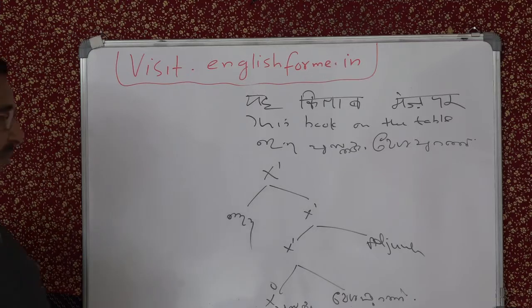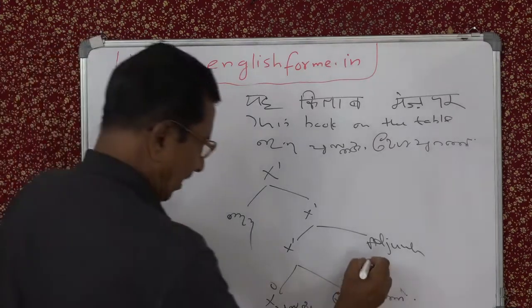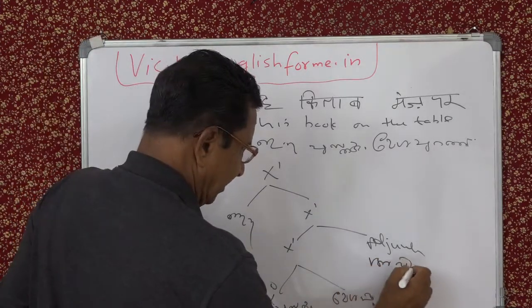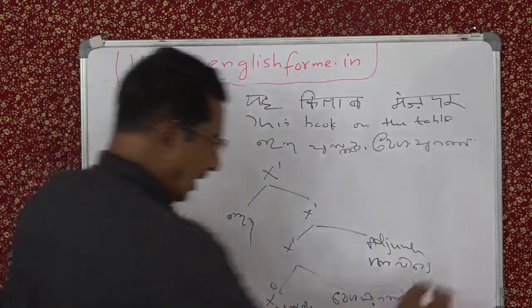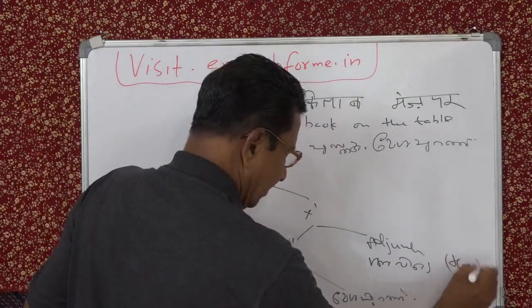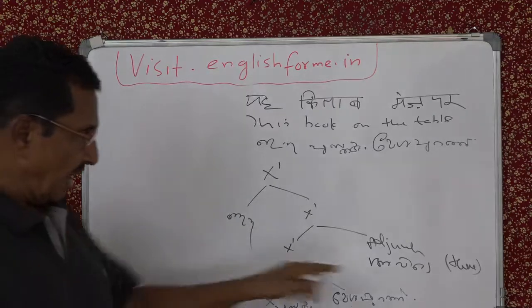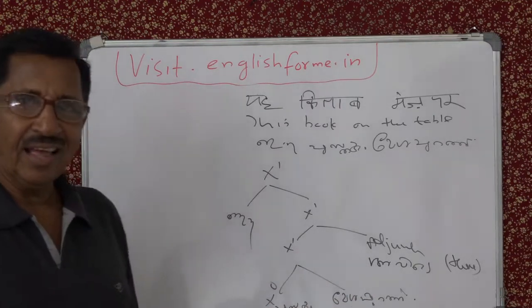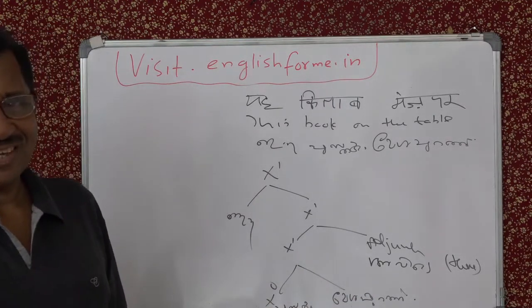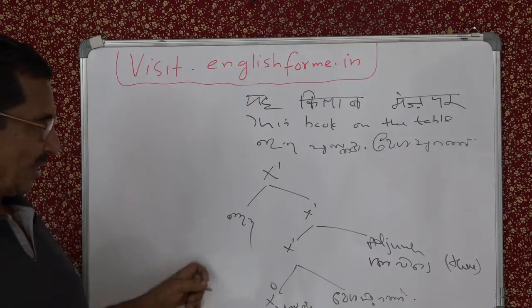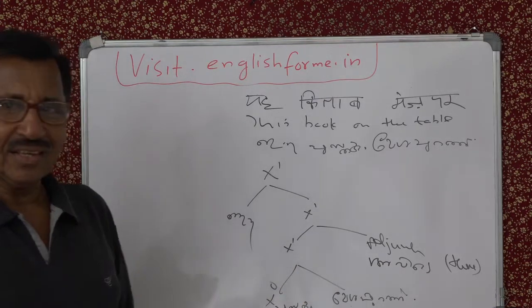Or you can say Avide, you can adjunct Avide. Avide means there. E Pustakam Avide Meshapurathu.